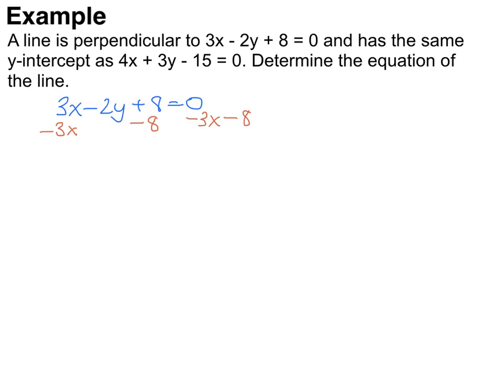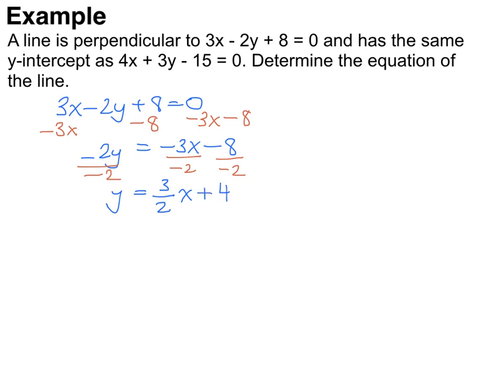We're left here with negative 2y is equal to negative 3x minus 8. So we need to divide out the negative 2 that's next to the y, so we've got to divide everything by negative 2. So y is equal to, now negative 3 divided by negative 2, the negatives divide out, so I can just write 3 over 2x plus 4.